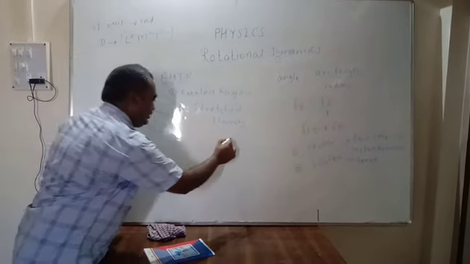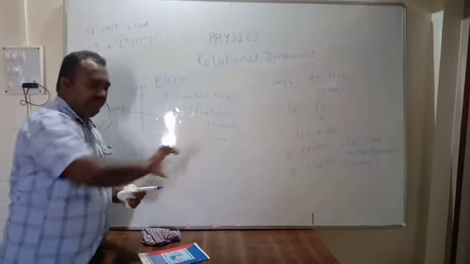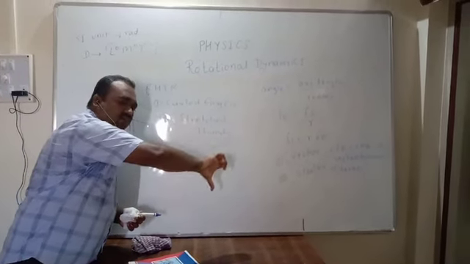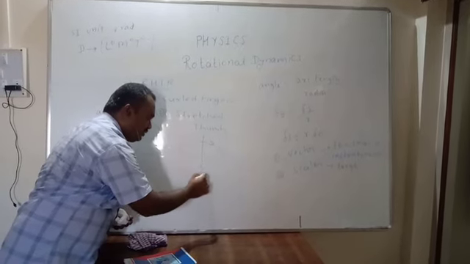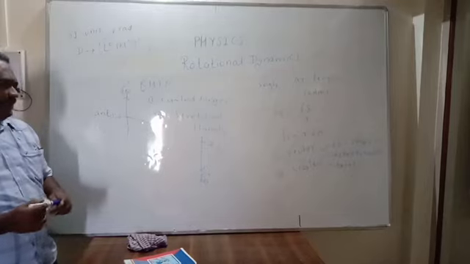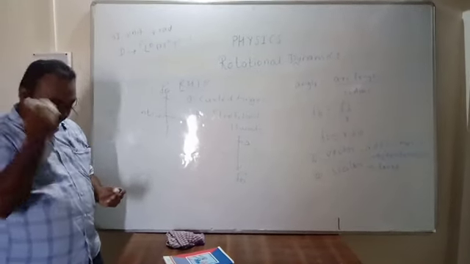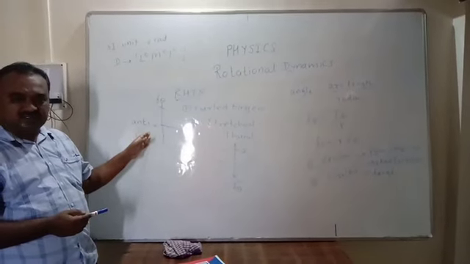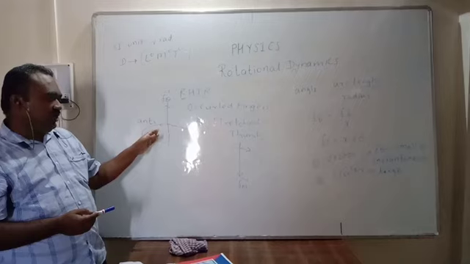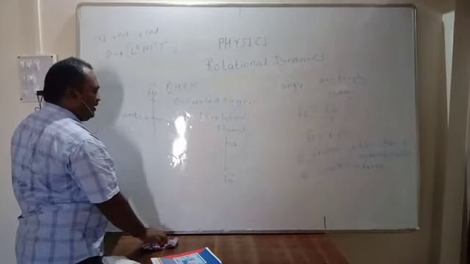And when the direction of rotation is clockwise, the thumb points downward, so the angular displacement is also downward. So small angular displacement is a vector quantity. This is the angular displacement.